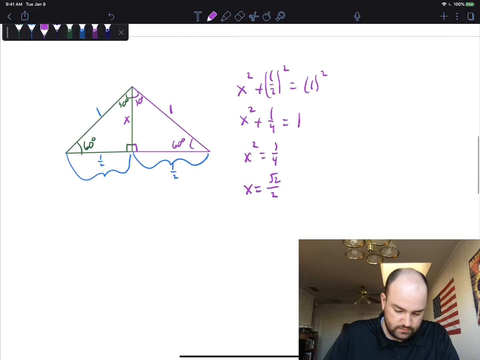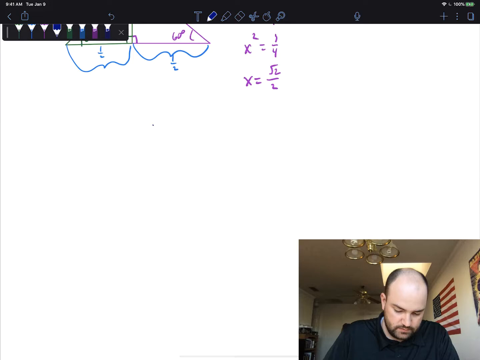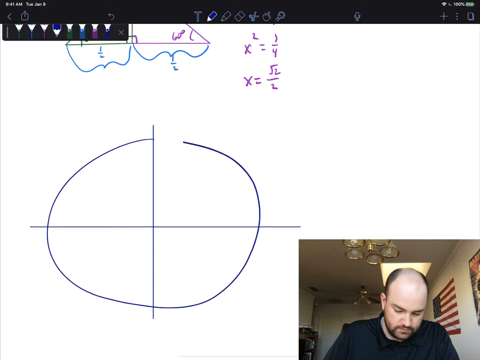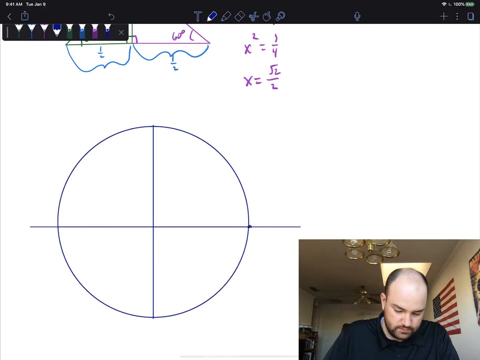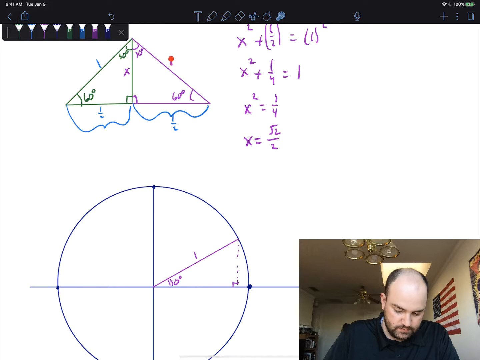Now, here's the thing. On the unit circle, looking at these, we've got those. That's fine. We know those coordinates. I want to look, first of all, at the 30 degree. Now, if this is 30 degrees, that means that this is 1 right there. So if we go back up here, we have the 1.